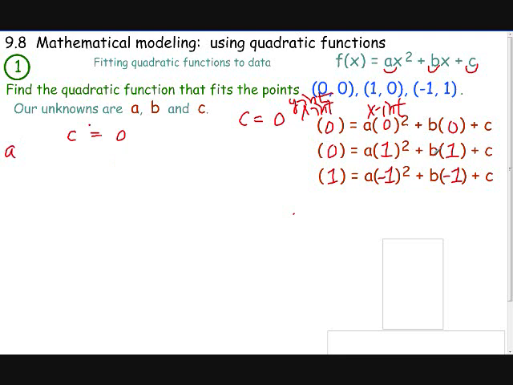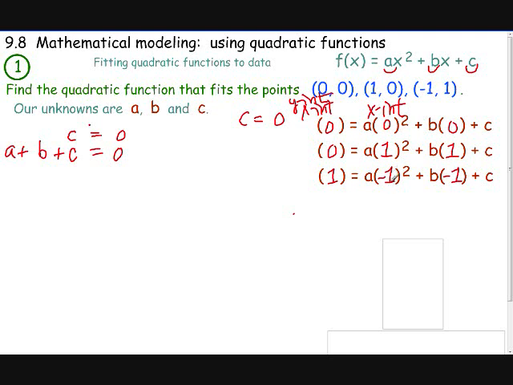And B times 1 is simply going to be plus B, and C. And that's all equal to 0. Then I have negative 1 squared.